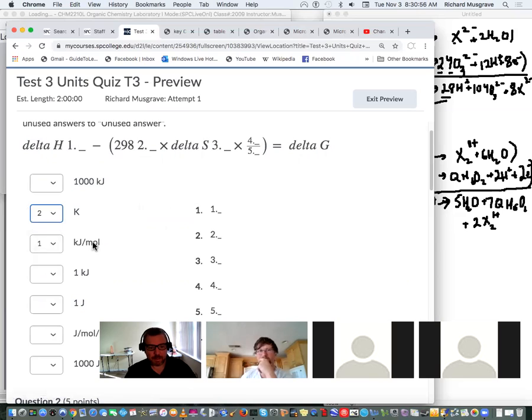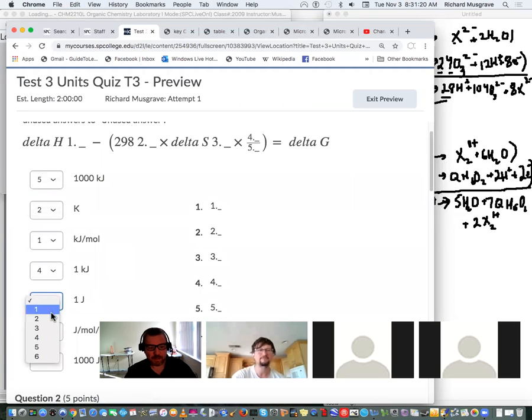Delta S is joules per mole per Kelvin. So that'd be number 3. And 4 and 5, that would be the joule kilojoule conversion. So let's see, 1 kilojoule for number 4 and 1,000 joules for number 5. And then the rest of these have to be unused. So it'd be 6 and 6. And that's how you would do it.